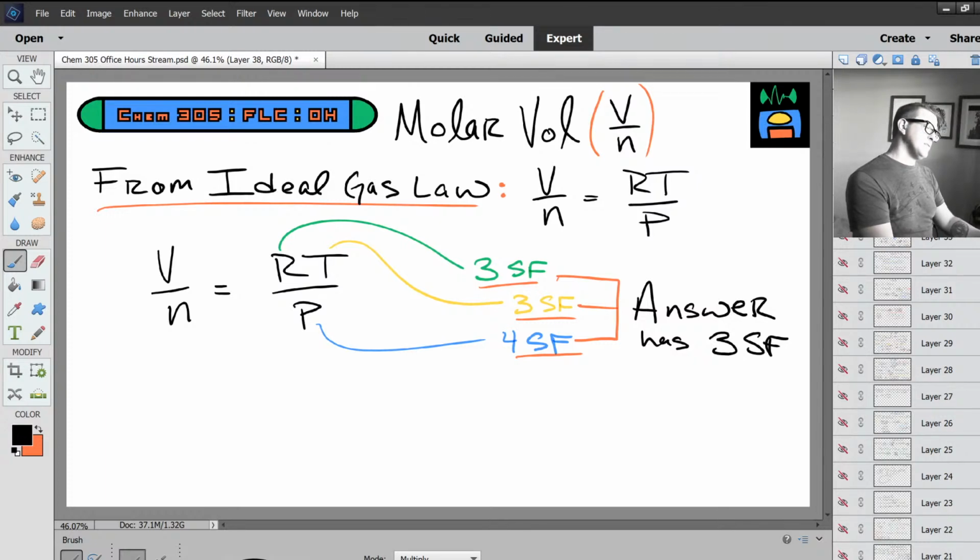Esther, great point. If you use the value for R that you calculated, then it totally should have 2 sig figs in the end. Totally.